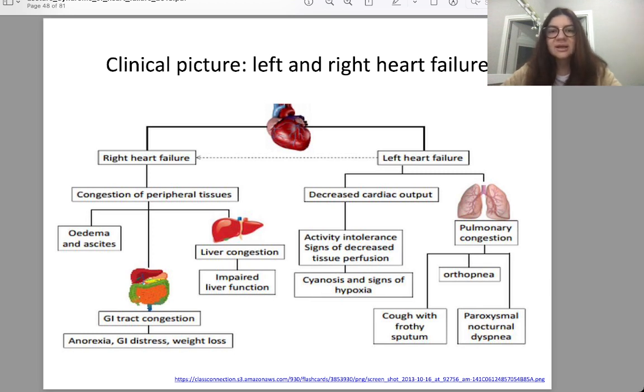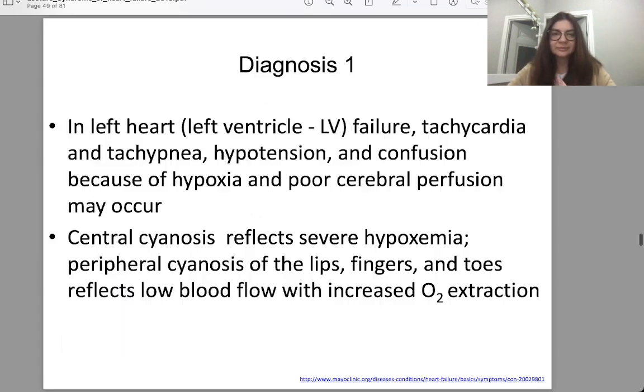On the other hand, left heart failure leads to decreased cardiac output with activity intolerance, signs of decreased tissue perfusion, cyanosis, and signs of hypoxia. And the main sign of left heart failure is pulmonary congestion with orthopnea, cough with a frothy sputum, and paroxysmal nocturnal dyspnea.